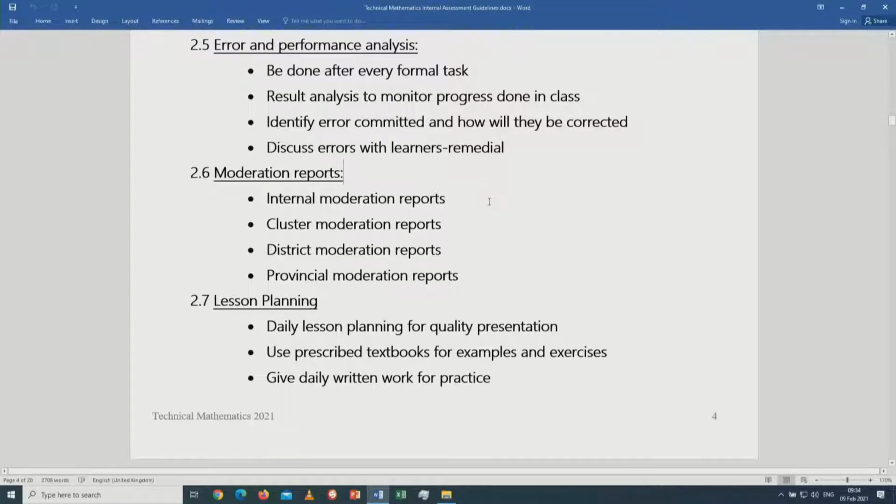And then moderation reports: internal moderation reports, cluster moderation reports, district moderation reports, provincial moderation reports. Colleagues, after all these moderations, please make sure that you file each and every report. Here is the subject advisor visiting your school. You have the report. You keep it in your file as a reference moving forward to say, I visited Kagisho Technical School, and this is what I picked up at Kagisho.